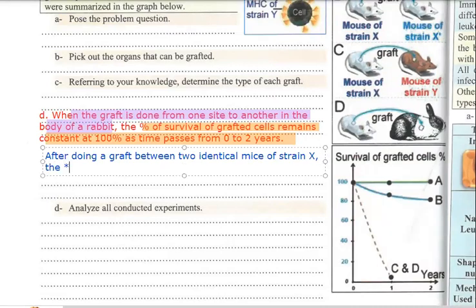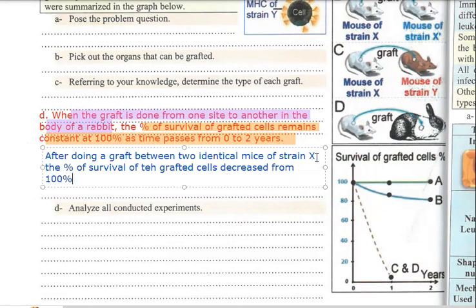The percentage of survival of the grafted cells, what happened to them? They decreased from 100% to 80% as time passes from 0 to 2 years.